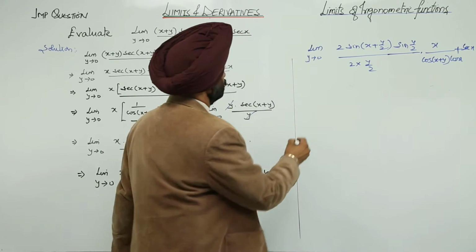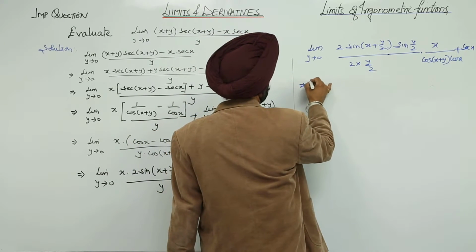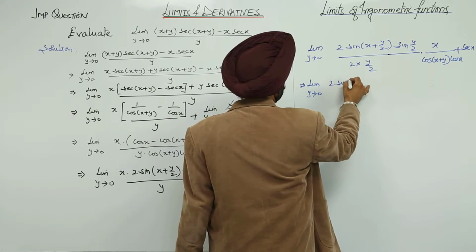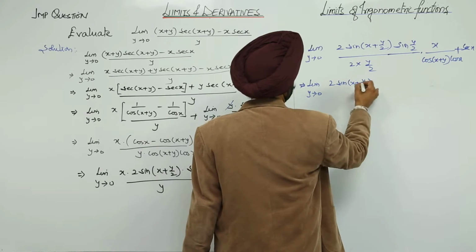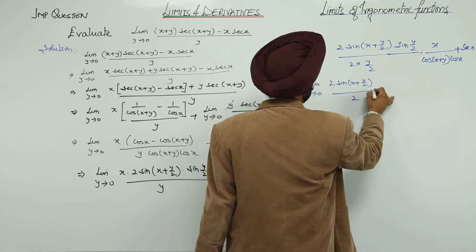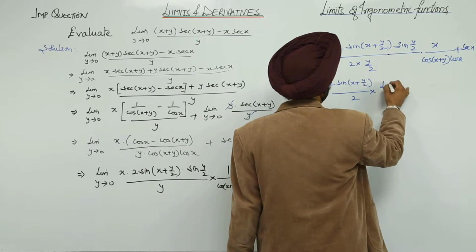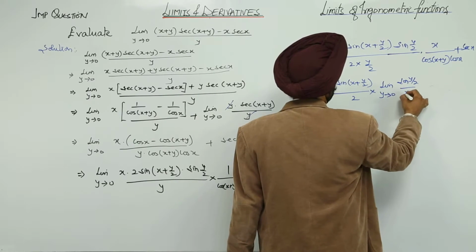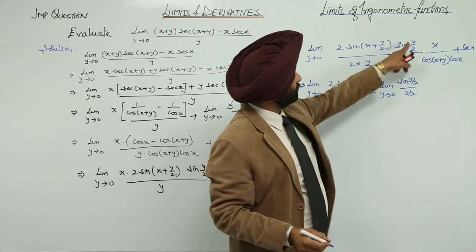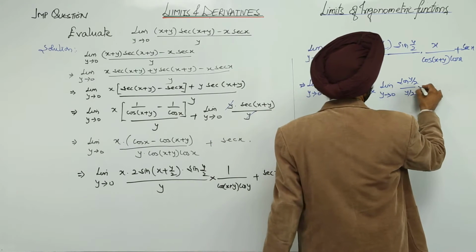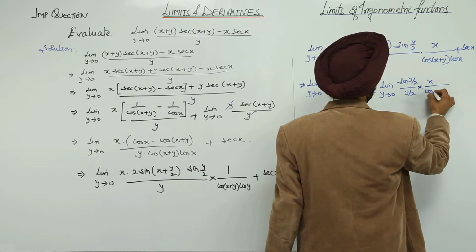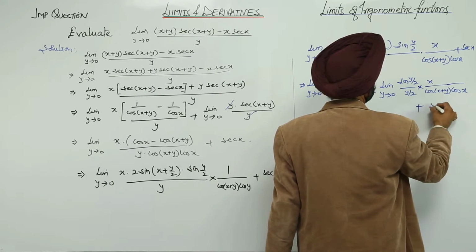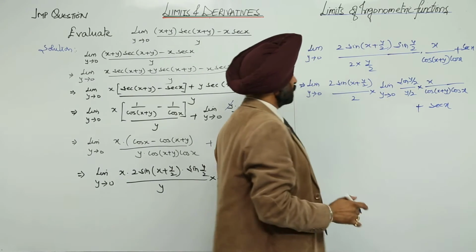Okay, so now this becomes limit y approaches 0 of 2 sin x plus y upon 2, times limit y approaches 0 of sin y upon 2, where this y upon 2 I have taken below, into x upon cos x plus y cos x, and plus this secant x, that I have written here.